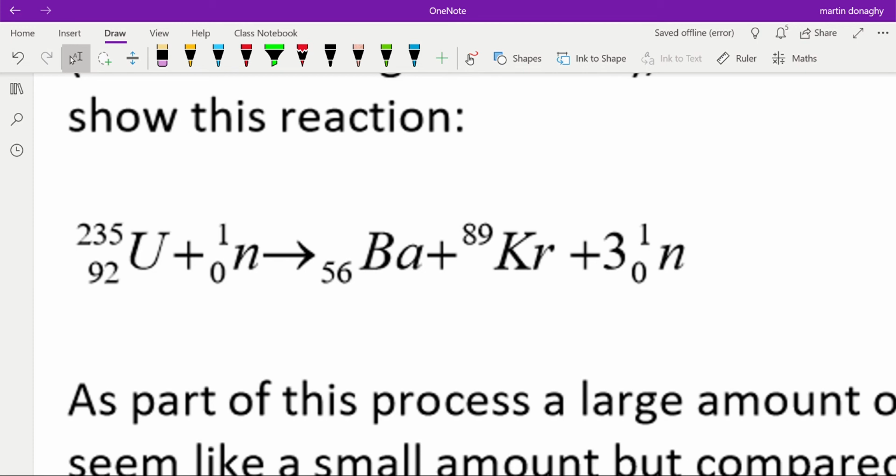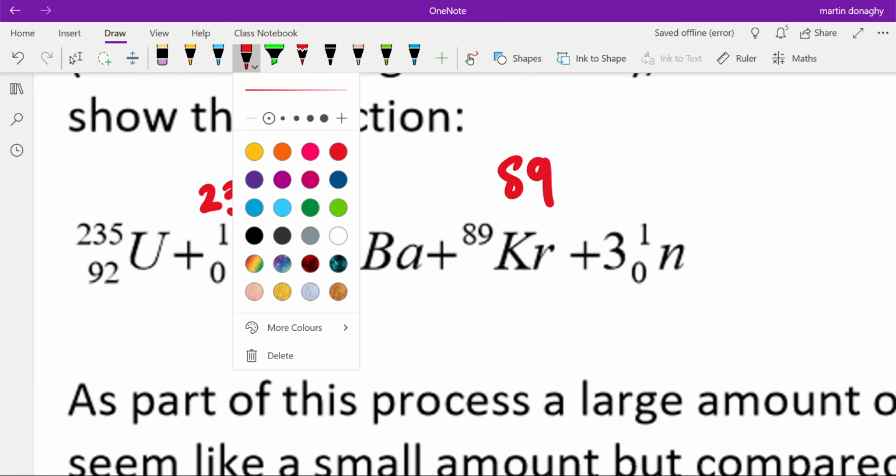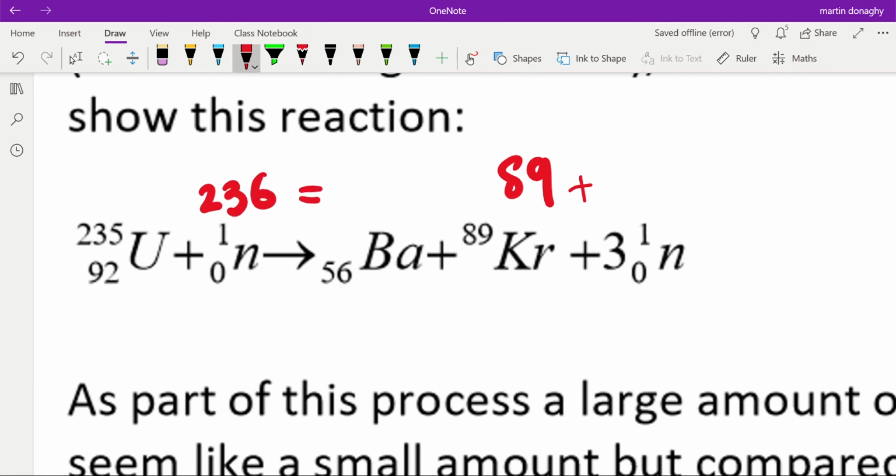So all you do is you just make sure that the top and the bottom lines add up. So if you see in the top here, on the left hand side we have 235 plus 1, so that's 236. And just treat this as an equal sign. The arrow is equal to 89, plus 3 neutrons. Mass number of a neutron is 1, but we've got 3 of them. 3 times 1 is just 3.